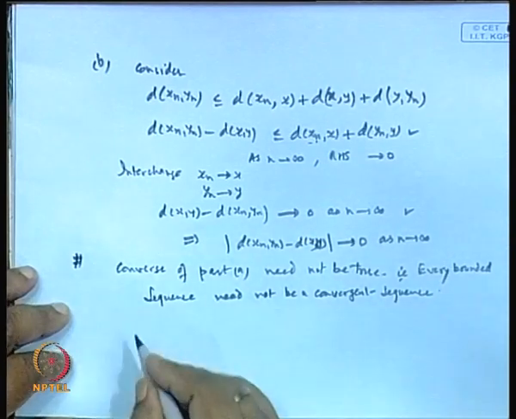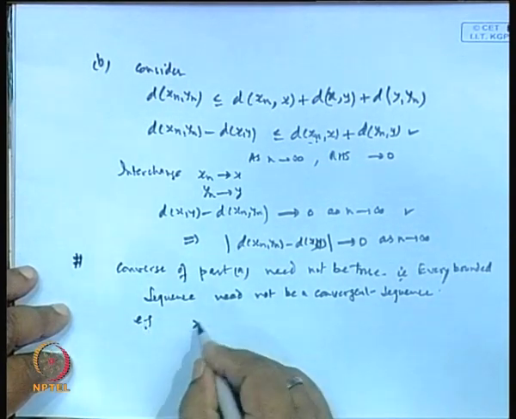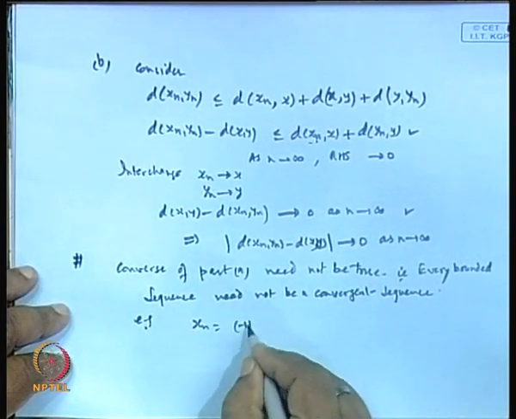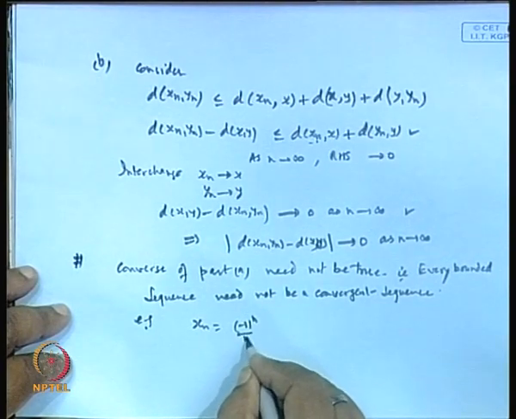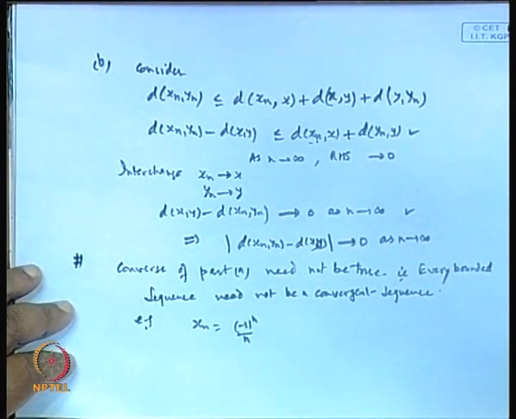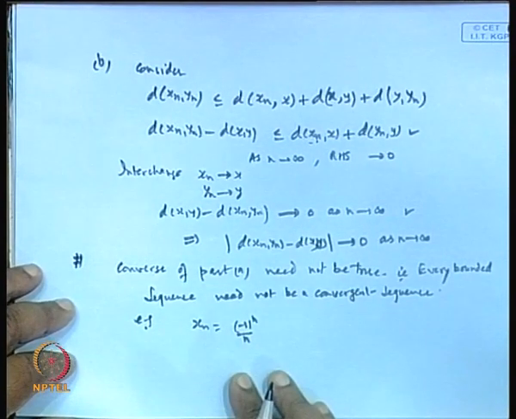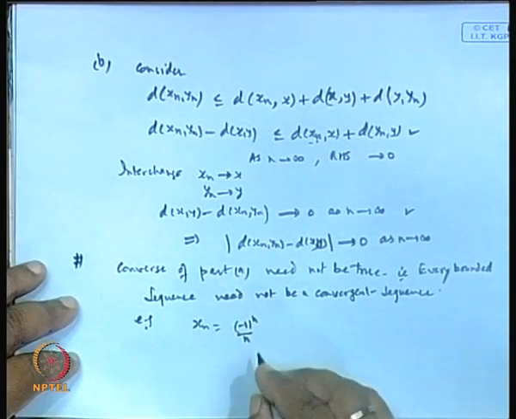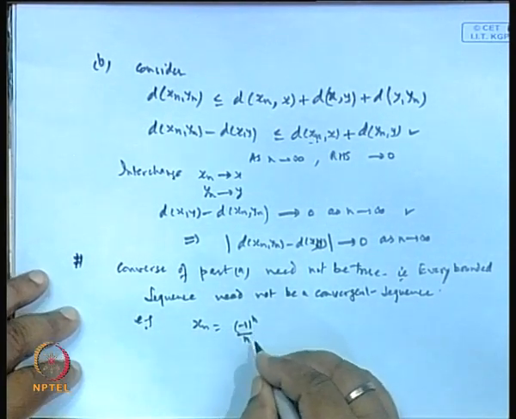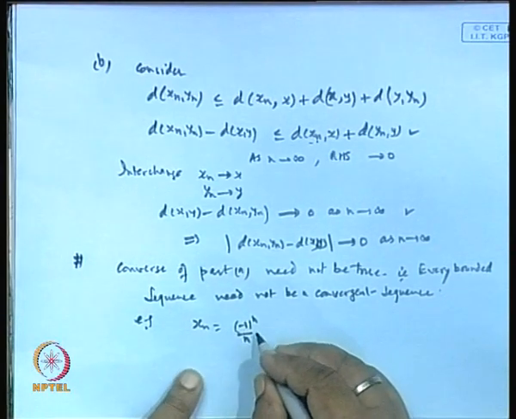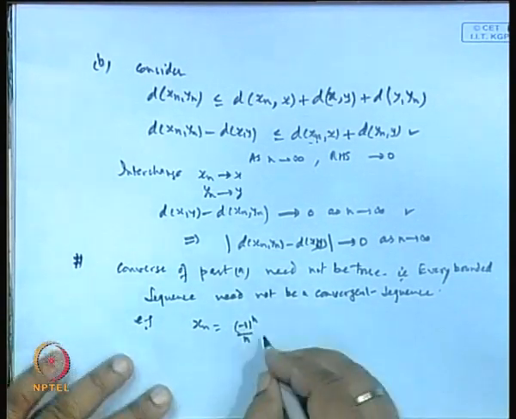For example, if I take a sequence x n to be minus 1 to the power n by n, this is convergent.